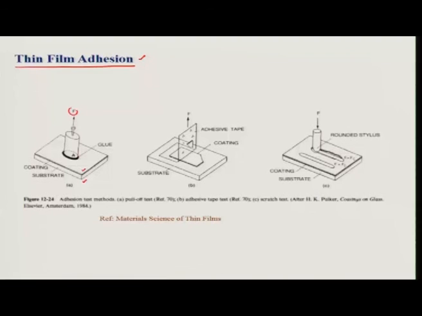The glue is stuck to the coating, which is very strong, but if the adhesion between coating and substrate is not very good, then the force that you need to apply to remove the thin film from the substrate will be a quantified measurement of how good the adhesion between the thin film and the substrate is.